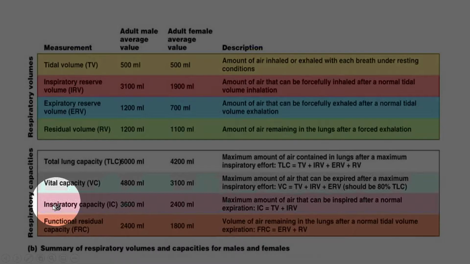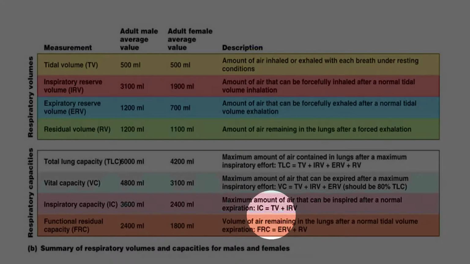And then come to another type of lung capacity, inspiratory capacity. It is about 3600 ml in males and 2400 ml in female subjects. The maximum amount of air that can be inspired after normal expiration is defined as the inspiratory capacity, and it is the combination of tidal volume and inspiratory reserve volume.